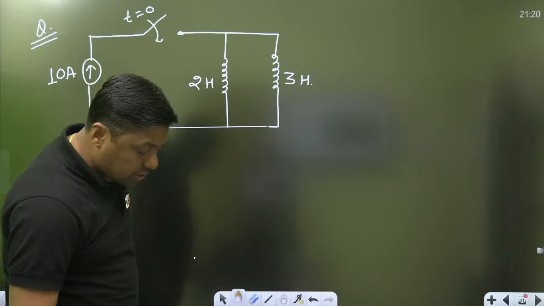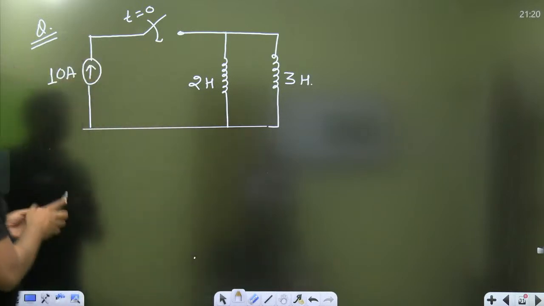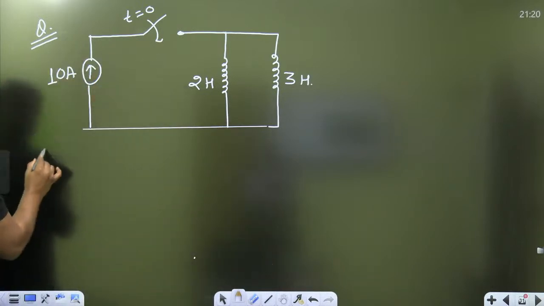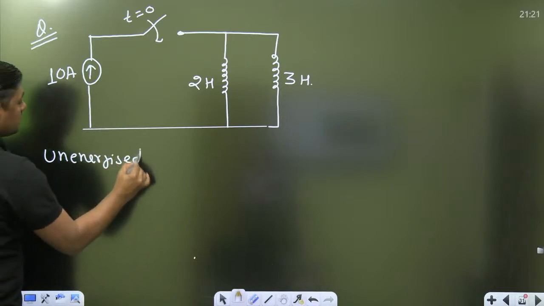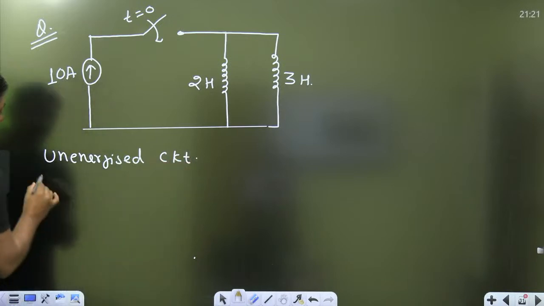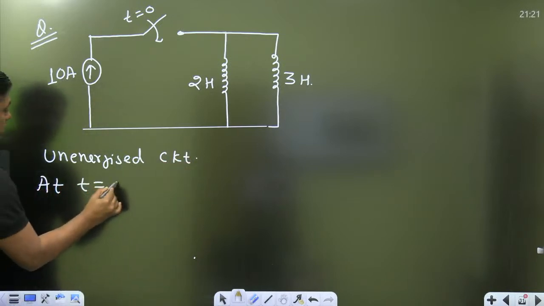Yes, GB, Kevin, Arjun, if this is clear. So initially the circuit is an unenergized circuit. Right, at t equal to 0, the switch is closed.